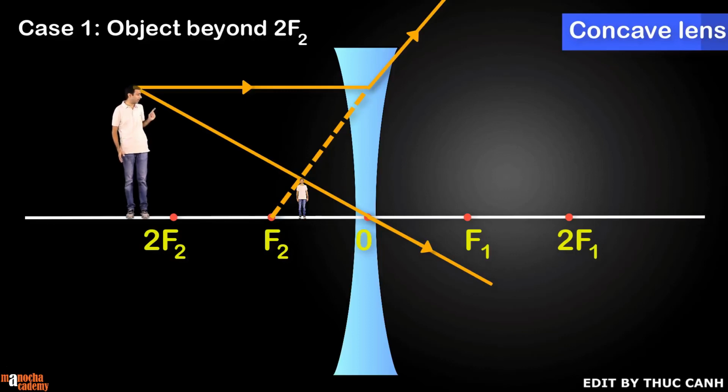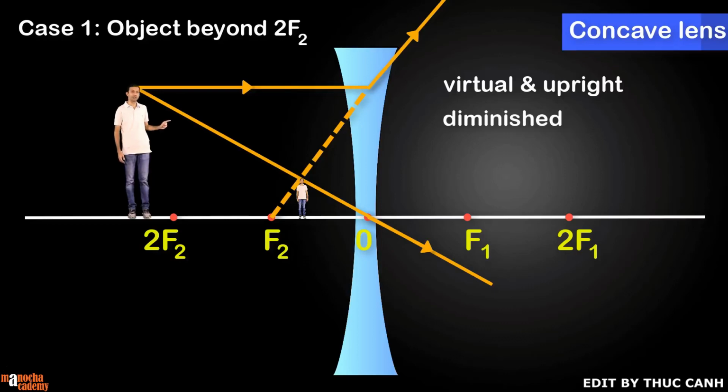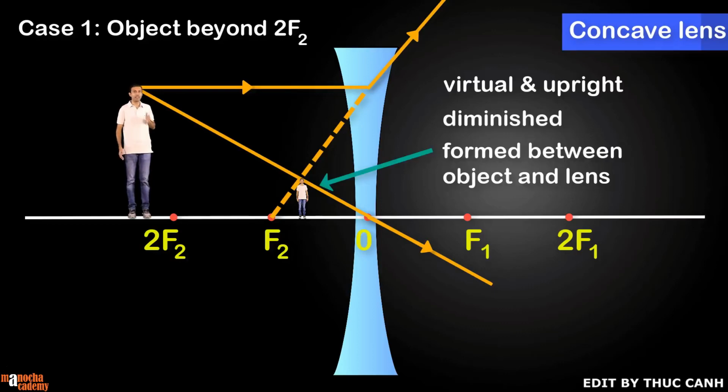So as you can see, the image is formed between me, the object, and the concave lens. What are the properties of the image here? That's right, the image is virtual and it's upright. The image is diminished and it's formed between the object and the lens.